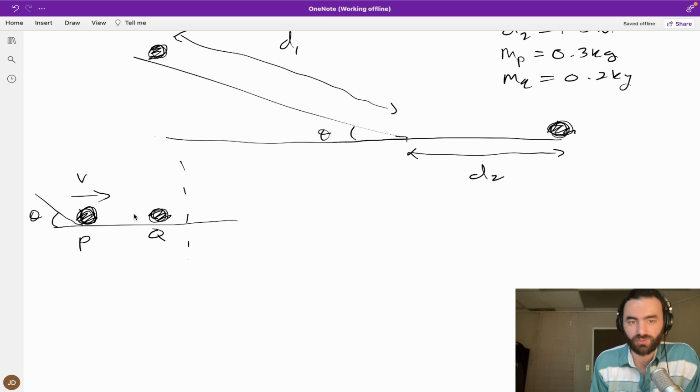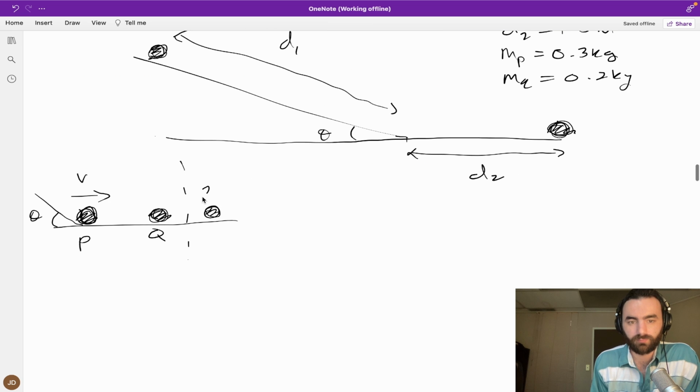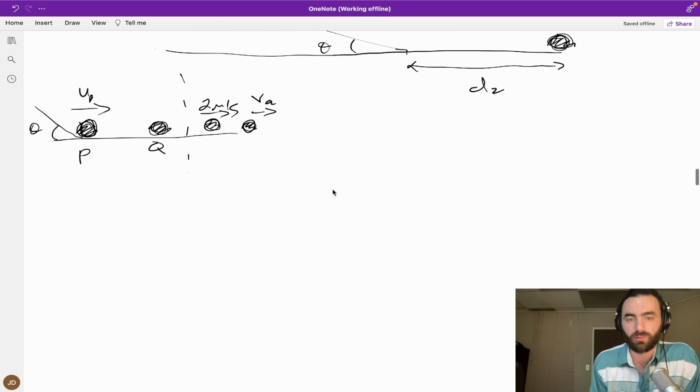And then after that collision, P is moving at 2 meters per second, and we want to know what Q is moving at. So this will be our UP, whatever this speed is, and then we can use our momentum equation to find that. But first we need to find the speed of P at the bottom of the slope.